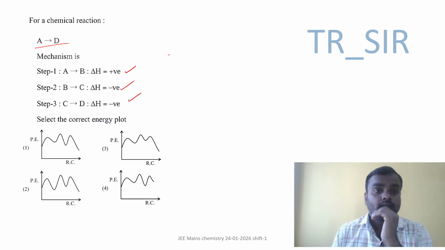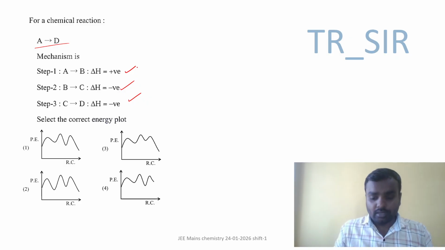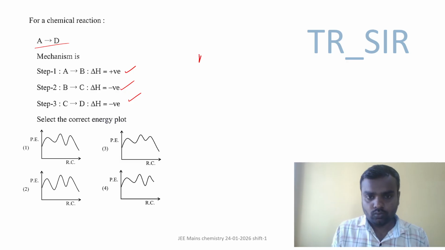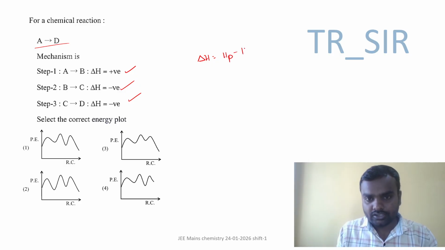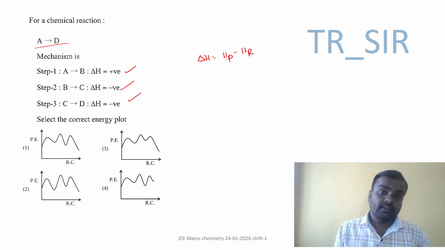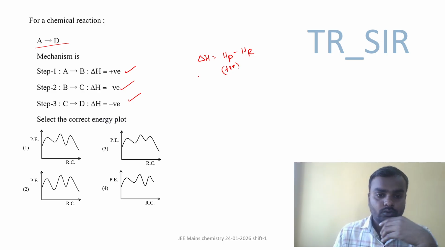So in this case, what is the enthalpy formula you have? del H is equal to the energy of the product minus the energy of the reactant. When this enthalpy is positive, that means the product value is more than the reactant value, right?